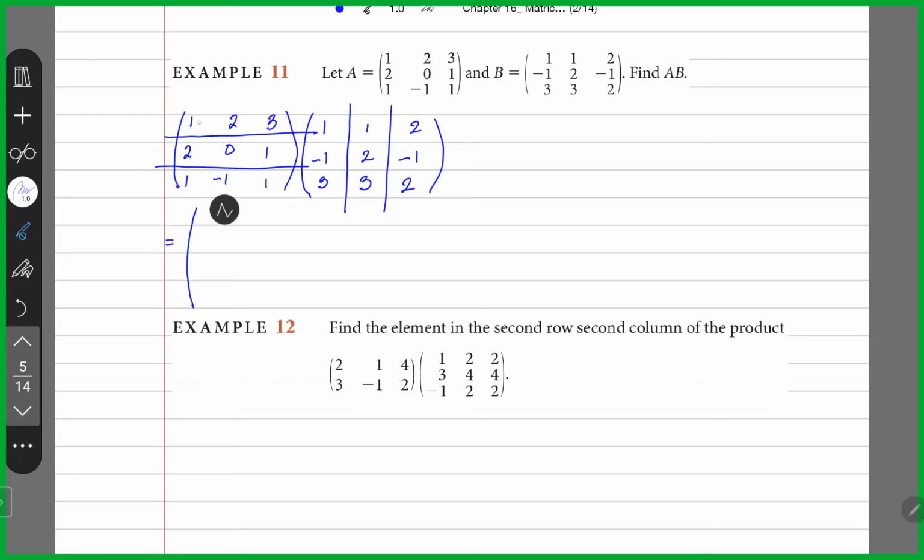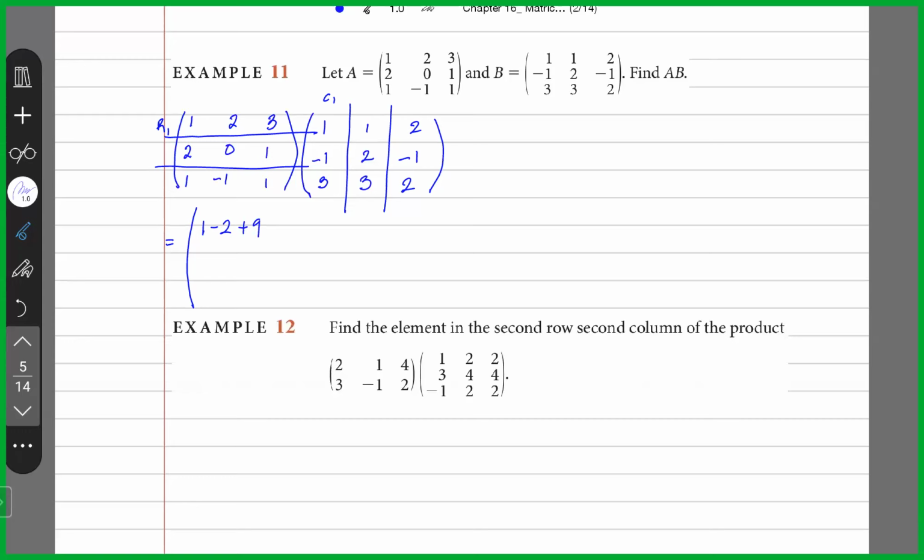Multiplying the first row by the first column: 1 times 1, 1. 2 times minus 1 is minus 2. 3 times 3 is 9.